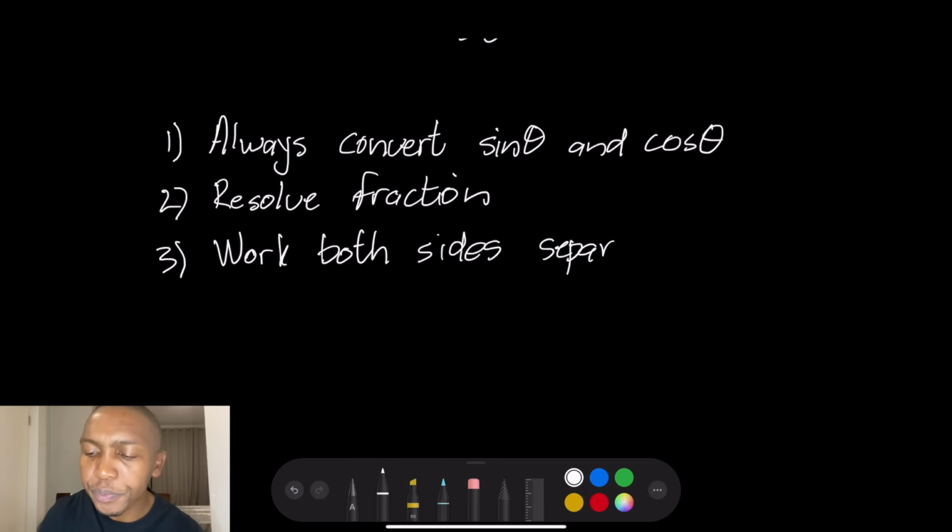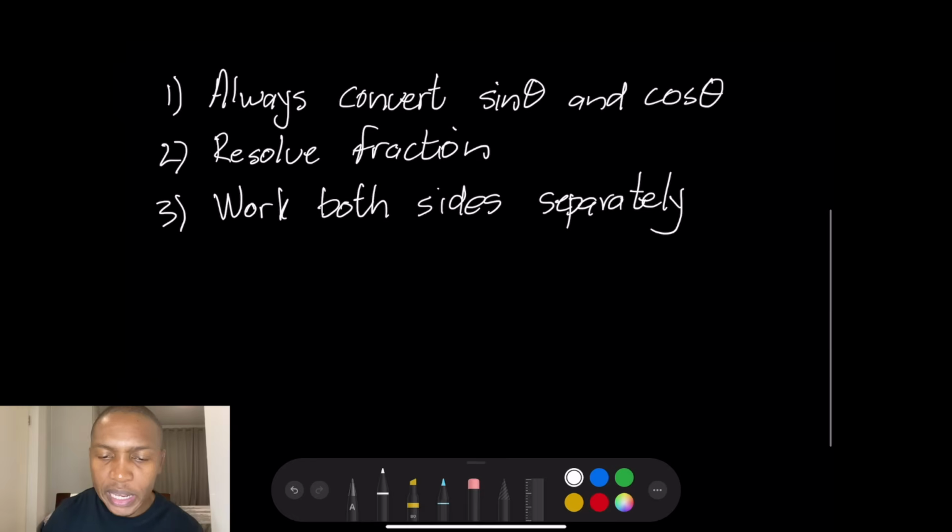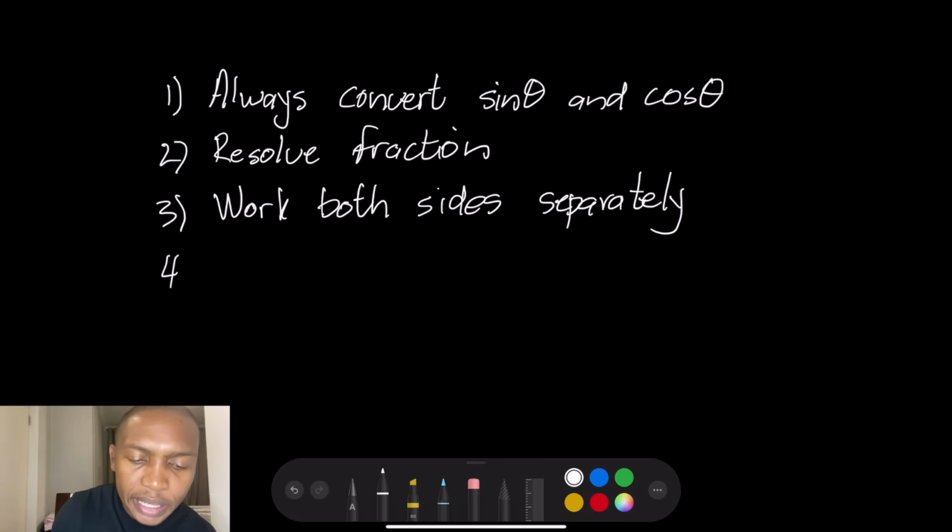And then just another thing to consider: there might be instances where you might need to factorize.